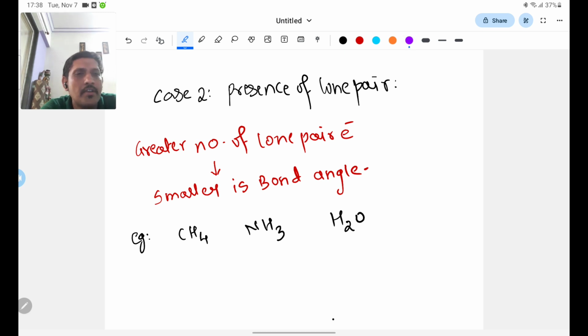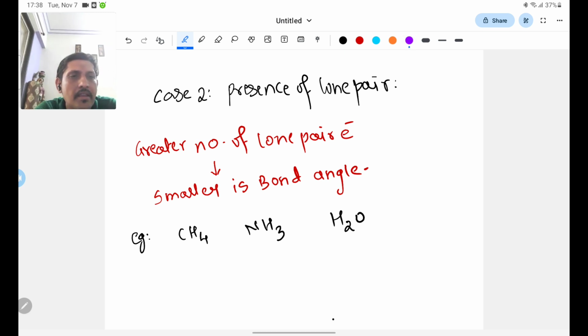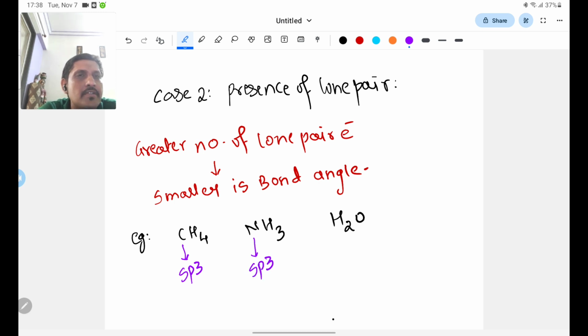Now if you observe, in case of methane we have sp3 hybridization. In case of ammonia also we have sp3 hybridization, and in case of water also we have sp3 hybridization.